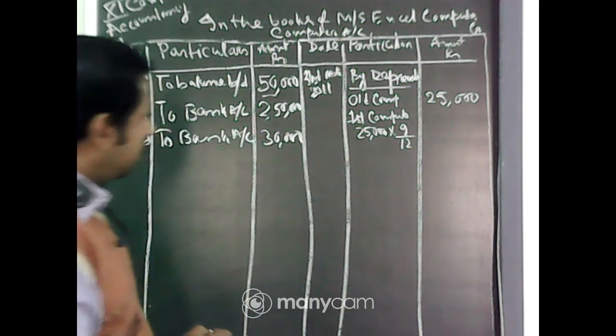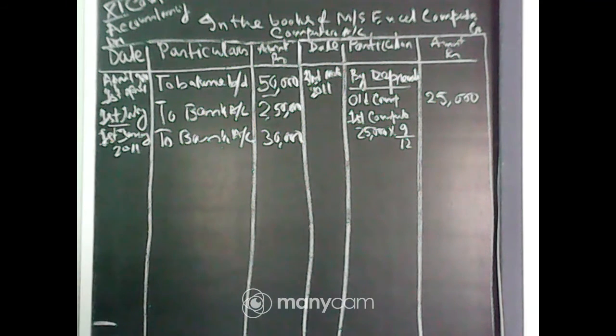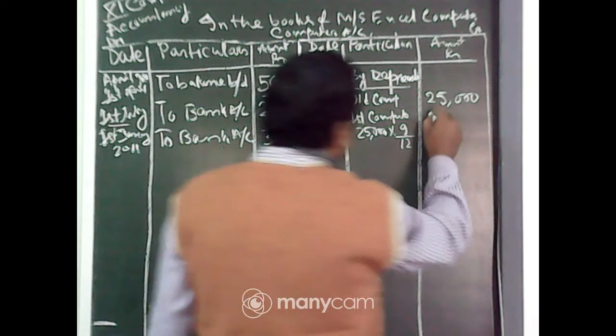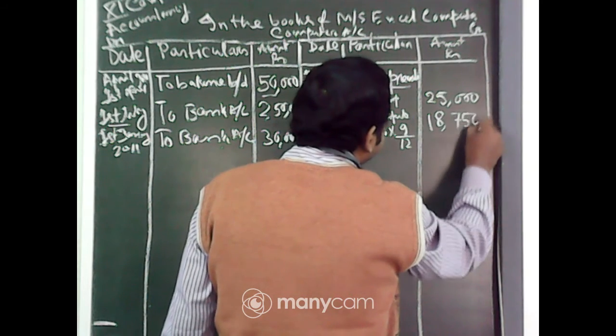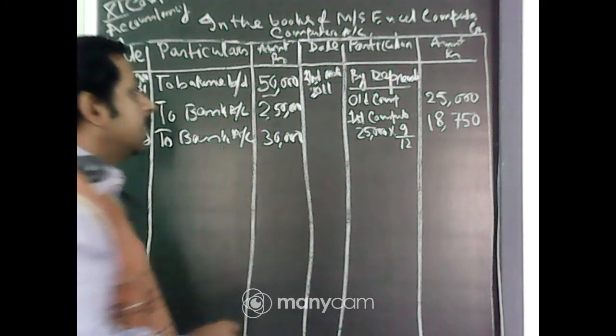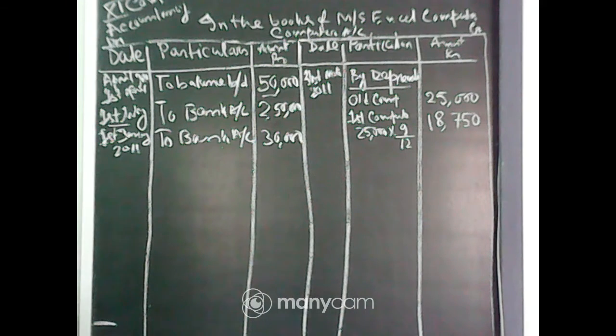So, for 12 months depreciation is 25,000, then what is the 9 months depreciation? That comes to 18,750. The whole year depreciation will not be charged, because the machine was actually purchased on 1st July, not 1st April.